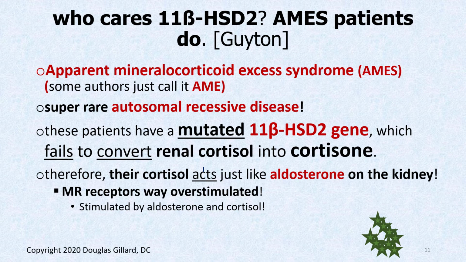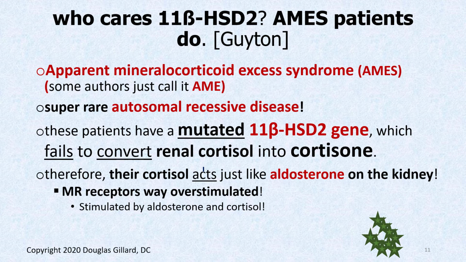Well, so that, of course, is going to lead to a disease. So what if we get a mutation of our 11-beta HSD2 gene? That ain't a good thing. In fact, that leads us to this disease called AMES. So it's apparent mineralocorticoid excess syndrome, commonly known as AMES.